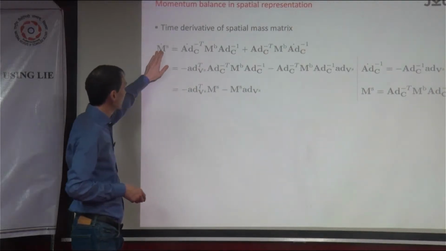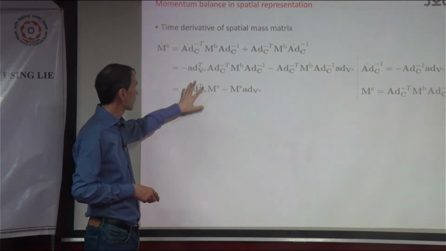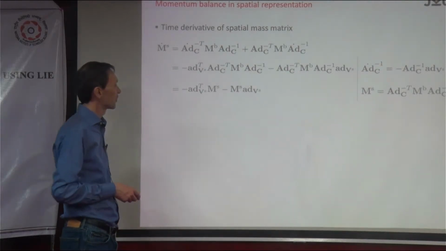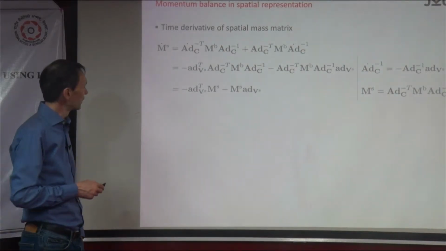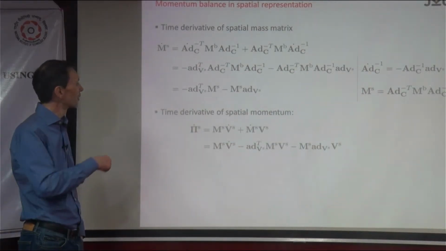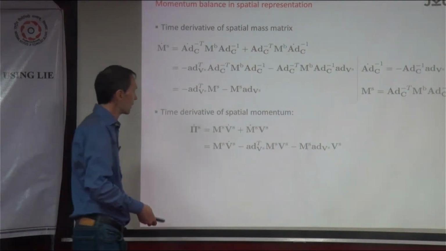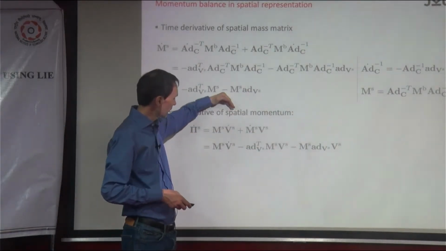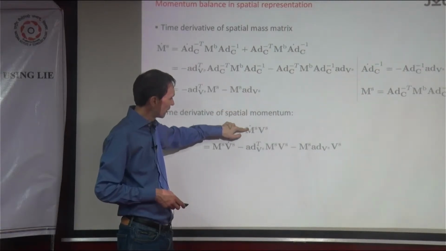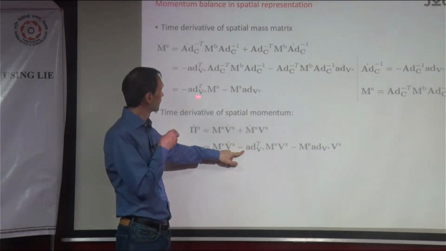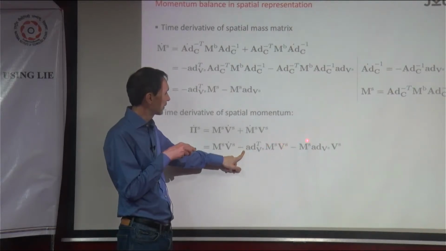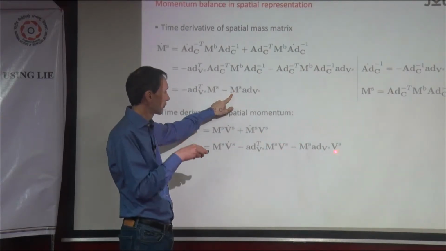The time derivative of the spatial mass matrix is this adjoint transposed minus m times the adjoint Vs. Now you plug this into what we wanted to do, because this was where we came from. The only thing that is new is this m dot. So the m dot is this term times v, and of course this times vs.